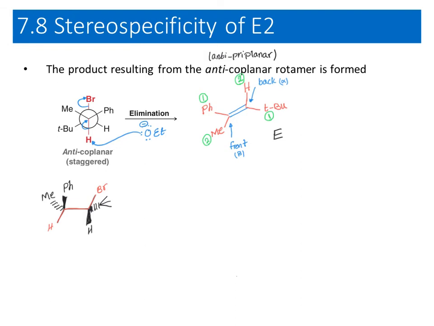So we are only forming the E isomer in this specific example. Sometimes you may form the Z isomer, so it depends on the Newman projection. The main thing is that the leaving group, the alpha carbon, the beta carbon, and the beta proton must be anti-coplanar to one another.